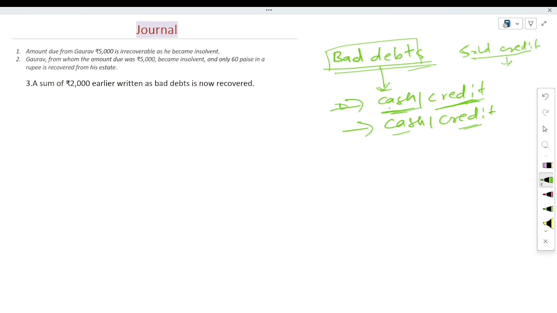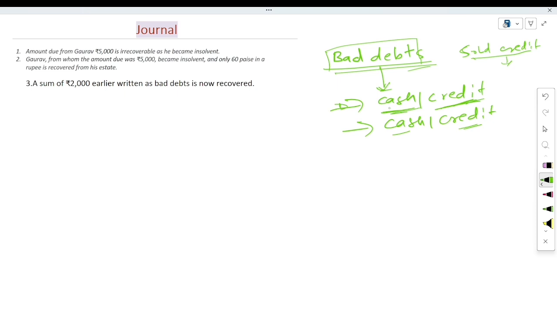Now what will be the journal entry for the bad debts? As we know, according to the modern approach or traditional approach, whatever the expenses and losses, all these will be debit. Incomes and gains, all these will be credit.